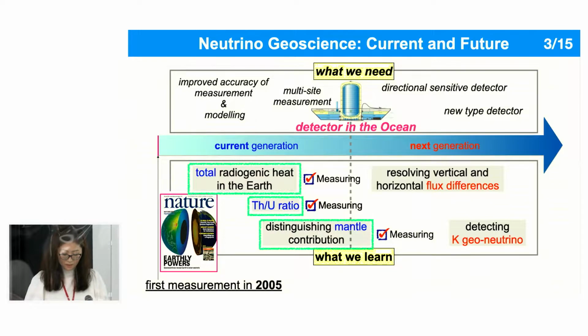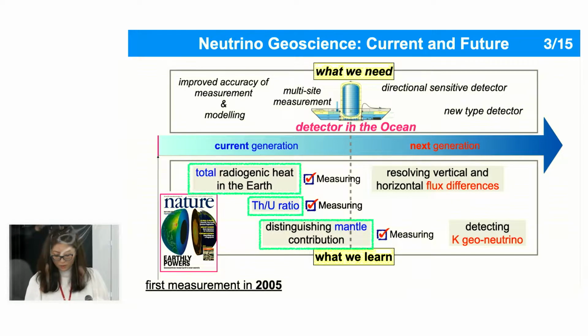To achieve this, we need a new type of detector, which is a detector in the ocean. I will talk about this in detail in this talk. But I'd also like to mention the next generation beyond the ocean bottom detector, which is a directionally sensitive detector.